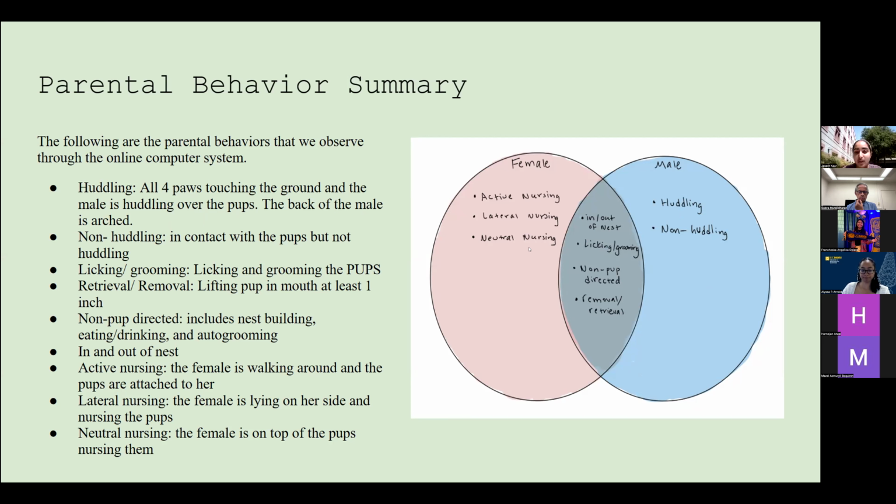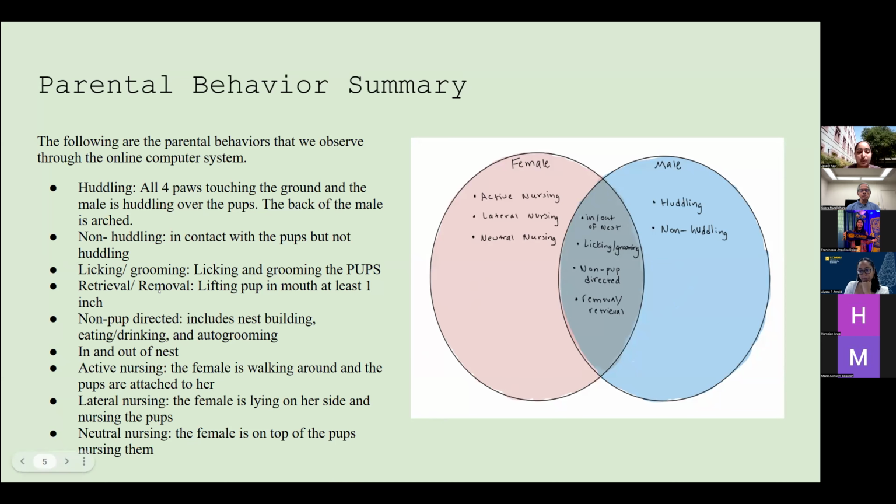And then for females, we have active nursing, which is when the female is walking around and the pups are attached to her. And then lateral nursing, so the female is on her side. And then neutral nursing is when the female is on top of the pups and she's nursing them. In regards to the behaviors that they both have, there's licking and grooming, and licking and grooming only refers to the pups.